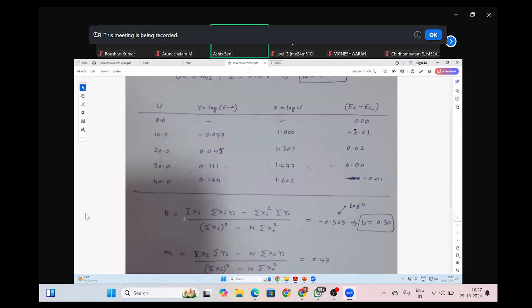This expression is there in your notes, whatever we have studied. Sum of xi into sum of xi yi minus sum of xi square, sum of yi divided by sum of xi whole square minus n into sum xi square. So now these values are already there. These are all xi's, these are all yi's, and you just substitute here. And if you find out, it will be minus 0.525.